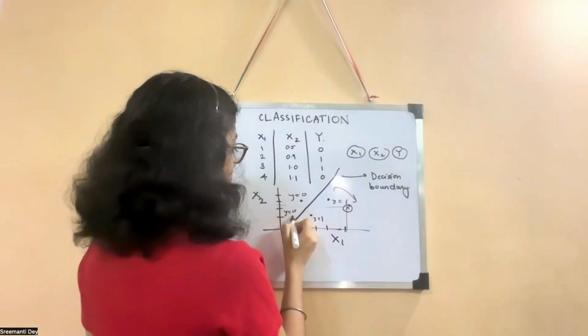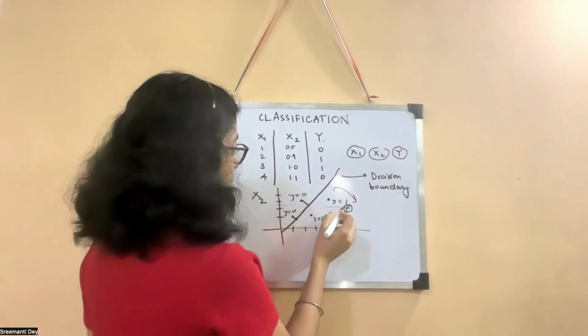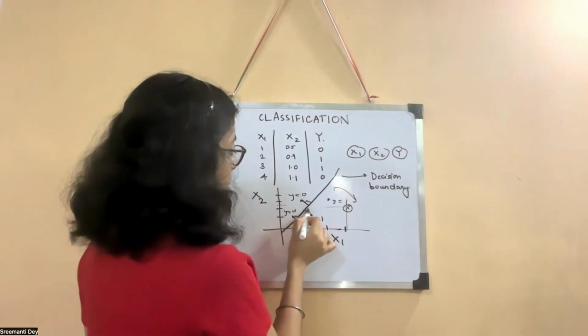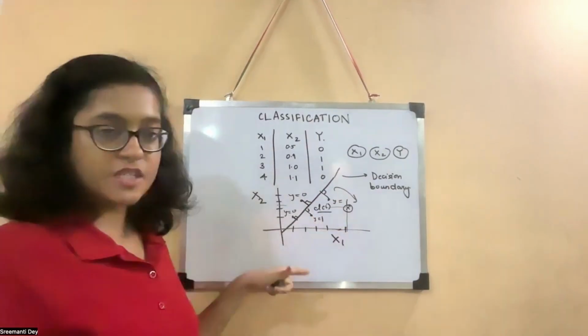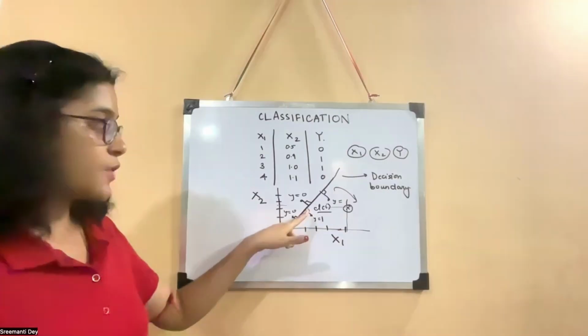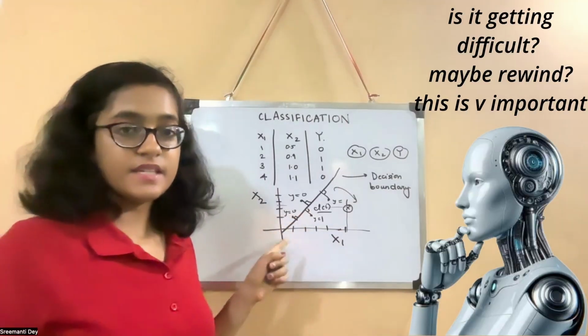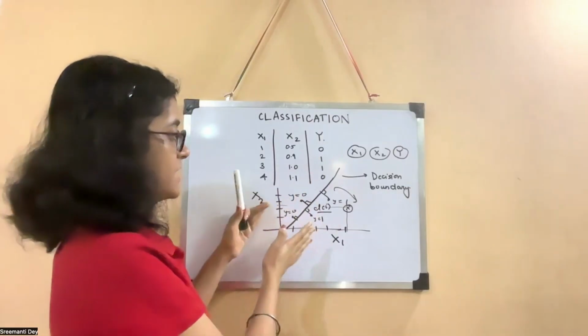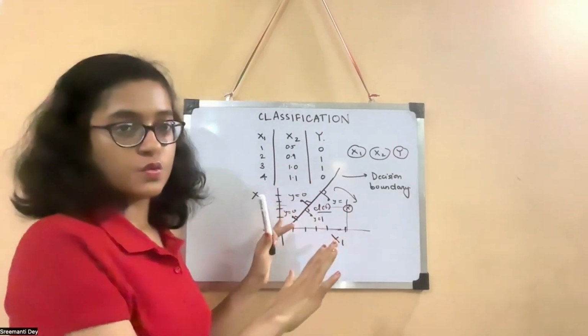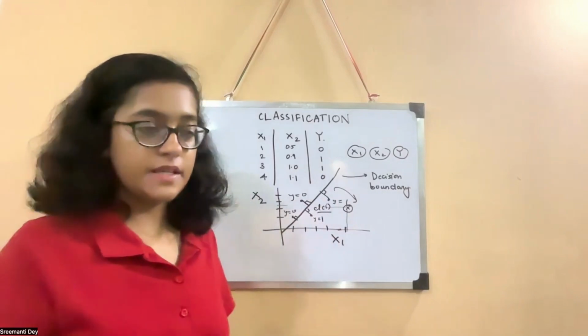These differences, this is the di. For each point x1i and x2i, we have this distance di, and this di we want to maximize, because we want the line such that it differentiates the 1s and 0s completely.